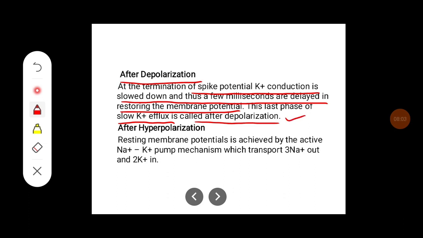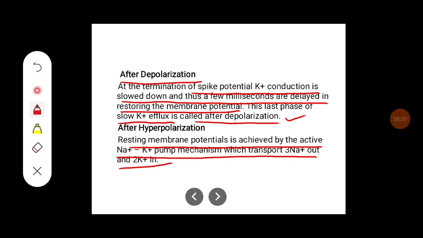And after hyperpolarization is where the resting membrane potential is achieved by the active sodium potassium pump mechanism, which transports 3 sodium out and 2 potassium in.